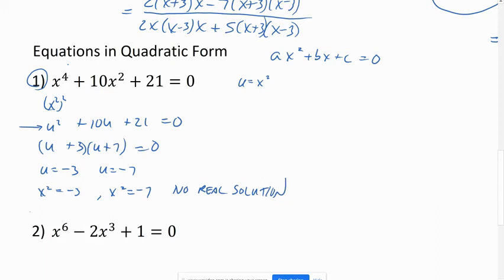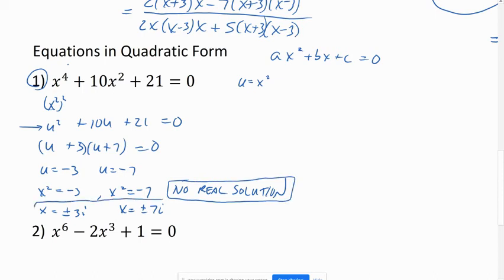But if we include complex solutions, this would have solutions of x equals plus and minus 3i, and this one x equals plus and minus 7i. So if we're trying to solve equations in real solutions, we would say no real solution. If it says solve the equation over complex numbers, then we would have 2 imaginary solutions.